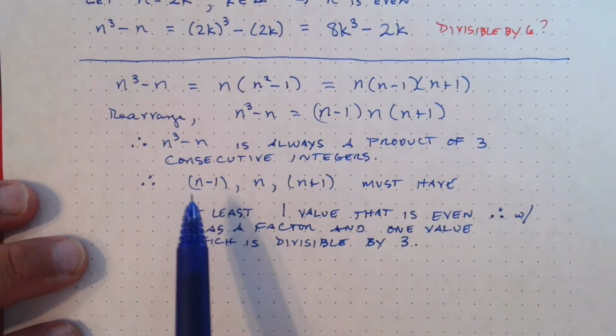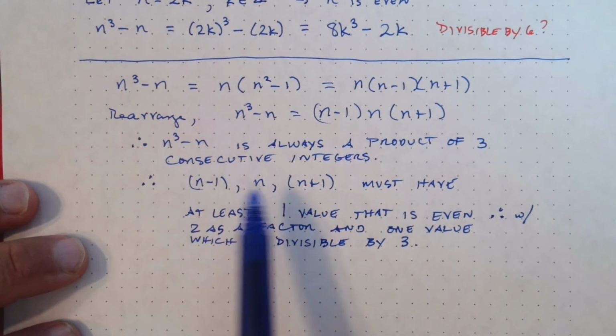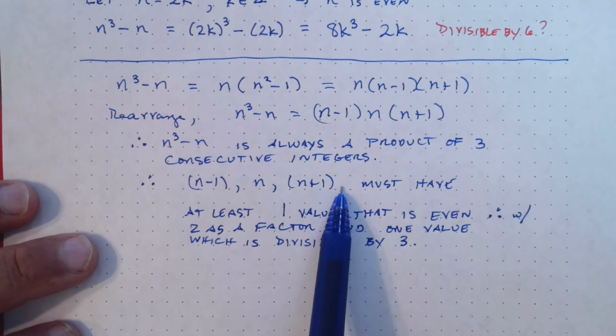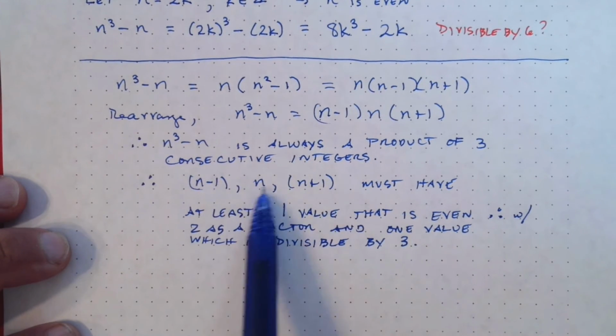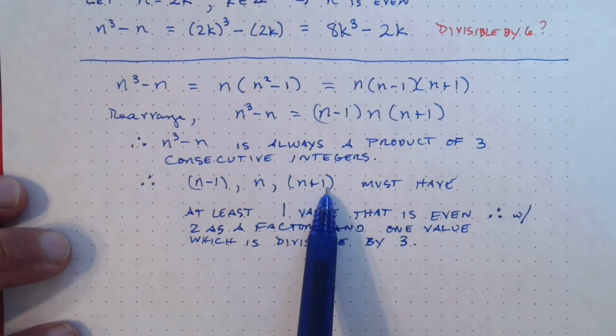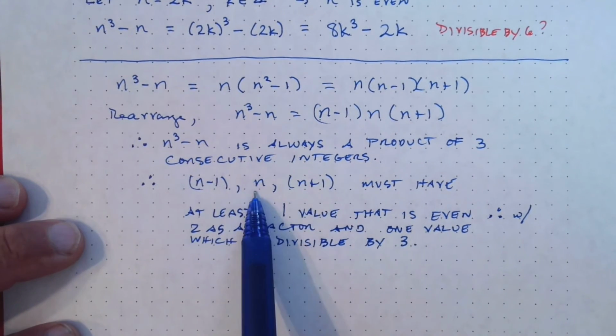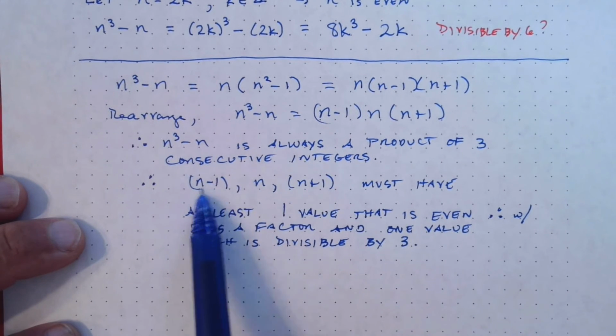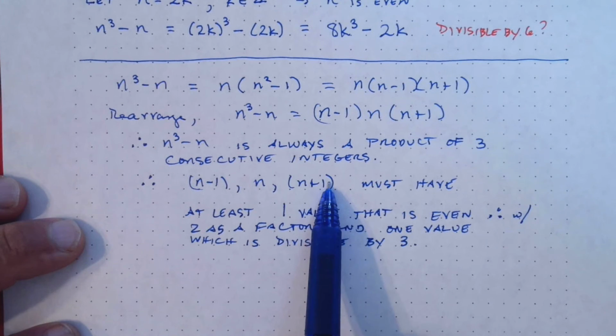Right? Because if I have, let's say, -1, 0, 1, well, that's going to be a product of 0. That's divisible by 6. Well, what if I have 1, 2, 3? Oh, okay, well, 1, 2, 3, divisible by 2, divisible by 3. What if I have 3, 4, 5? Oh, well, divisible by 3, divisible by 2, who cares about the 5?